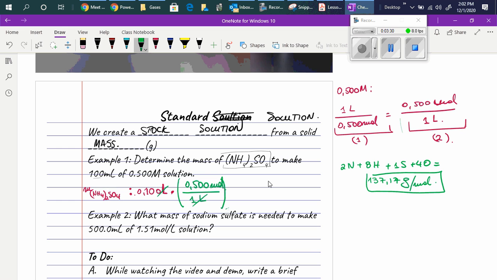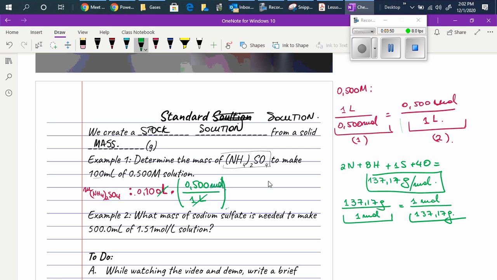The meaning of this number is that if you have 137.17 grams of ammonium sulfate, then you have 1 mole of ammonium sulfate. Or in 1 mole of ammonium sulfate, you will have 137.17 grams of ammonium sulfate.